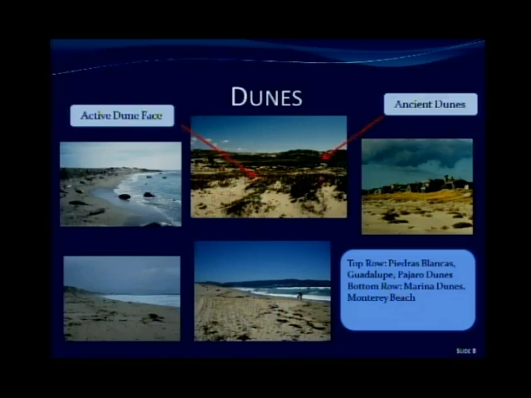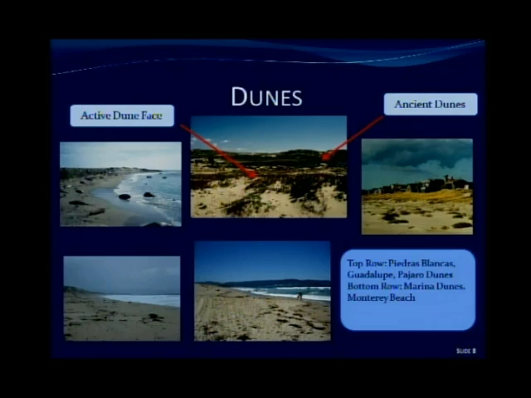But dunes are a fairly complex system as well. These arrows are pointing to the active dune face and then to the more ancient dunes that were formed thousands of years ago. Subsequent ice ages and interglacial periods have come along, and dunes have formed in front of them, seaward of those, and that's the more active dune area.